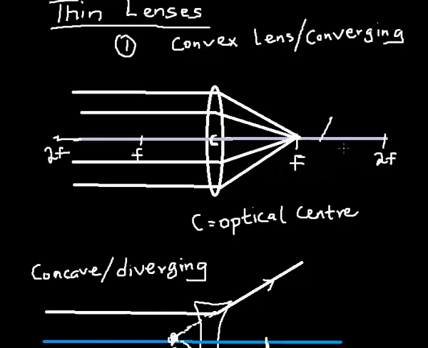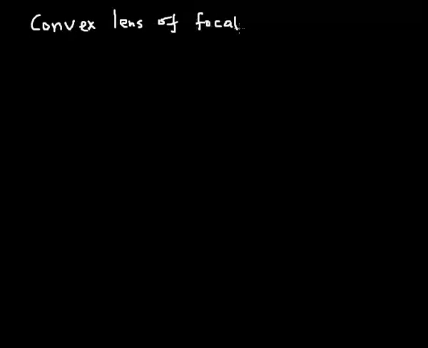Okay, so now let's walk through some questions. Let's look at a convex lens, please pardon me, a convex lens of focal length 10 cm.